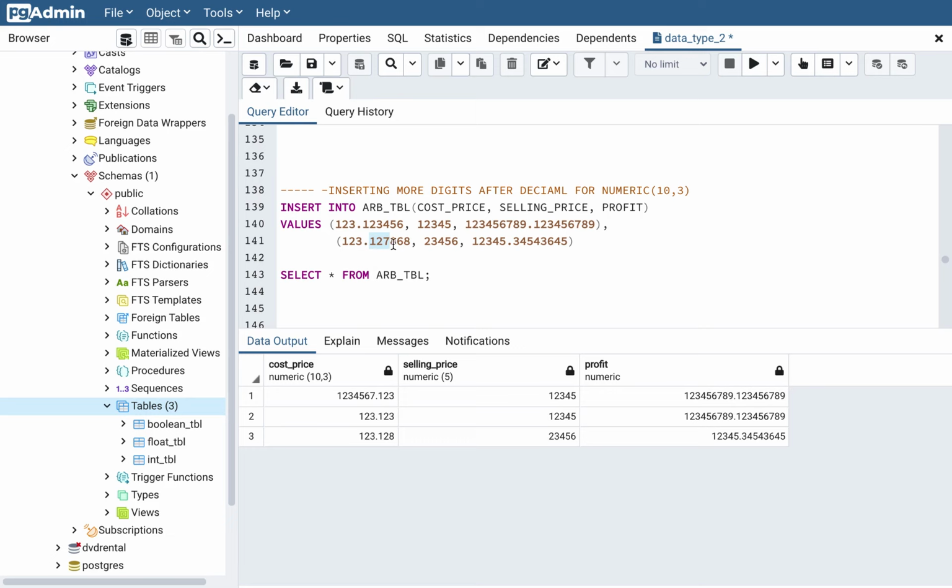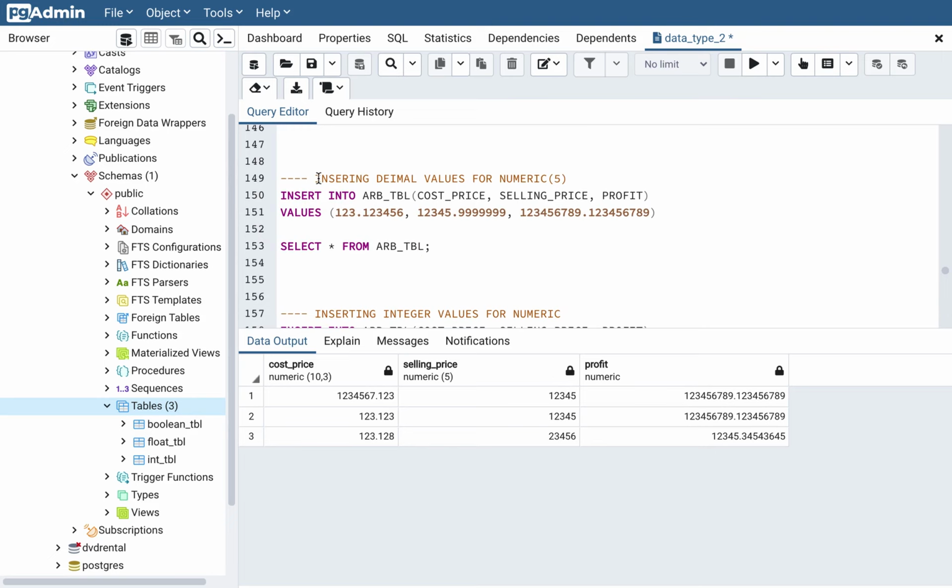Since the next value is 8, it is incrementing the previous value by 1. That means the 7 will be increased to 8. That is why you are seeing 1, 2, 8. So it is very clear that if you insert more digits than the defined scale value in your data type, then it will be rounded off.